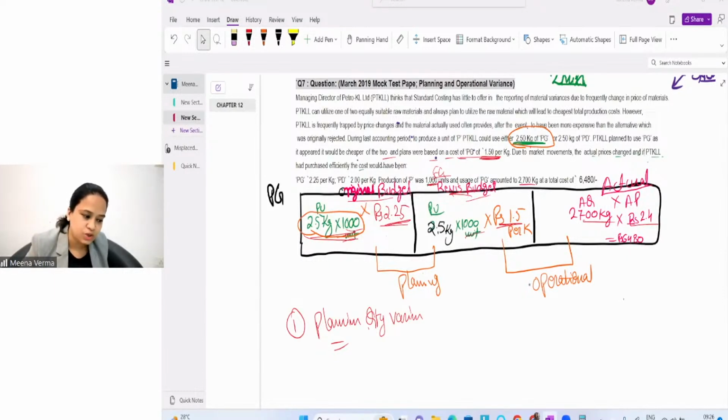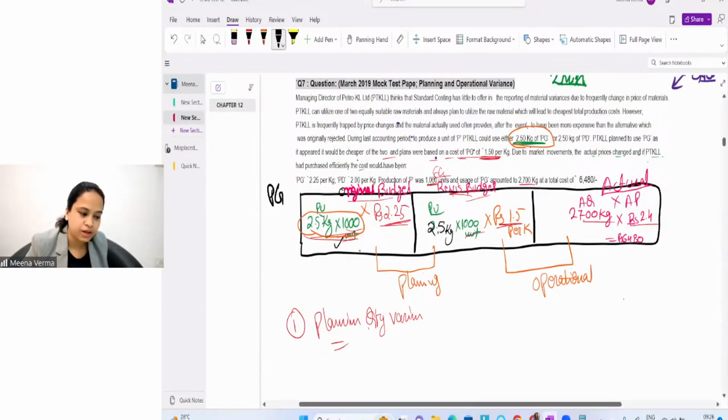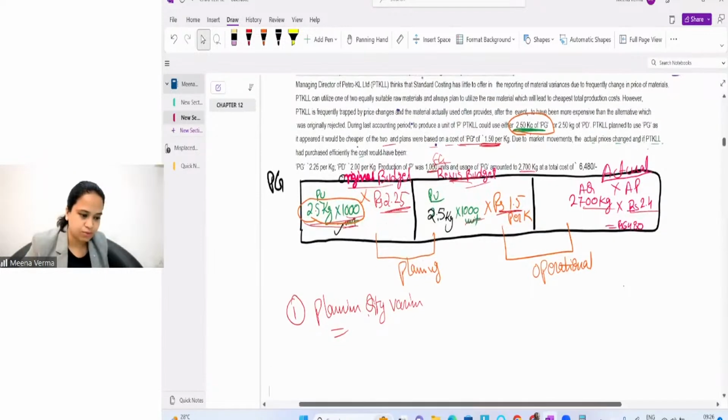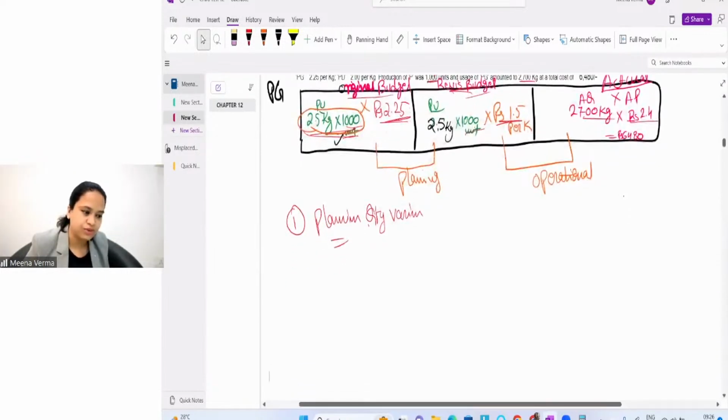Original quantity consumed and the revised quantity required, both are same. Okay, now let's find out the planning quantity variation and planning price variation. We will calculate both, right? With this information, we will find both planning quantity variation and planning price variation.